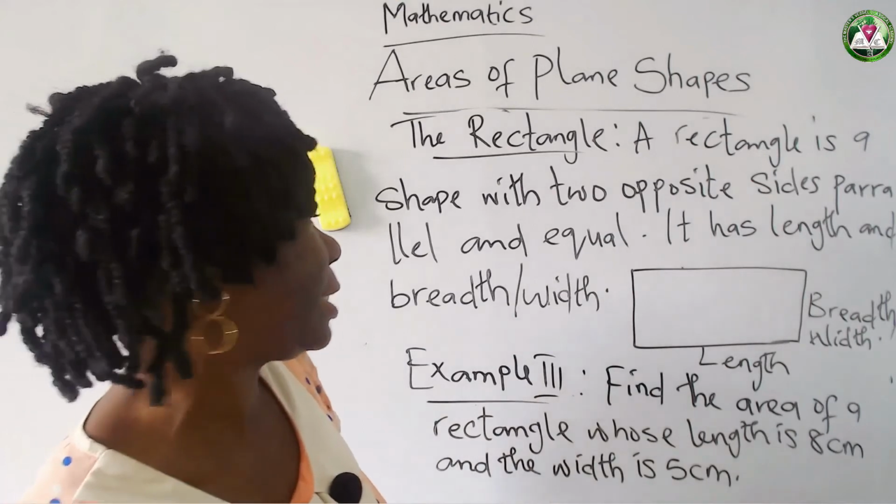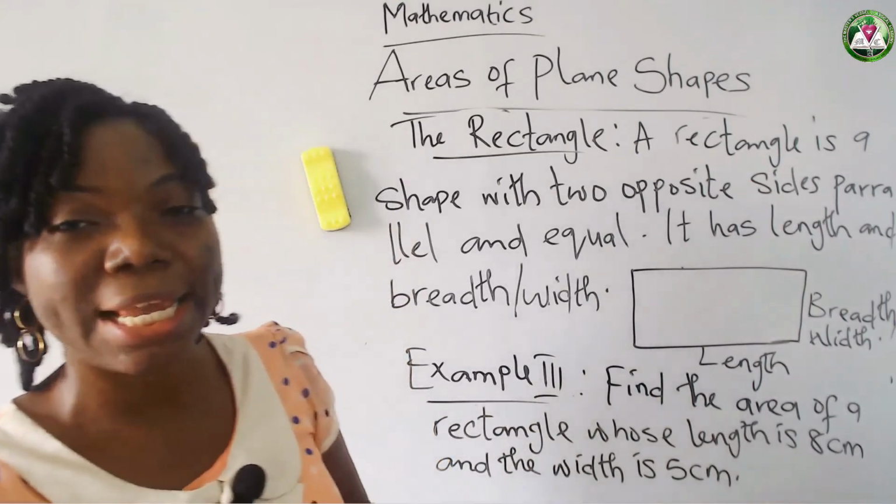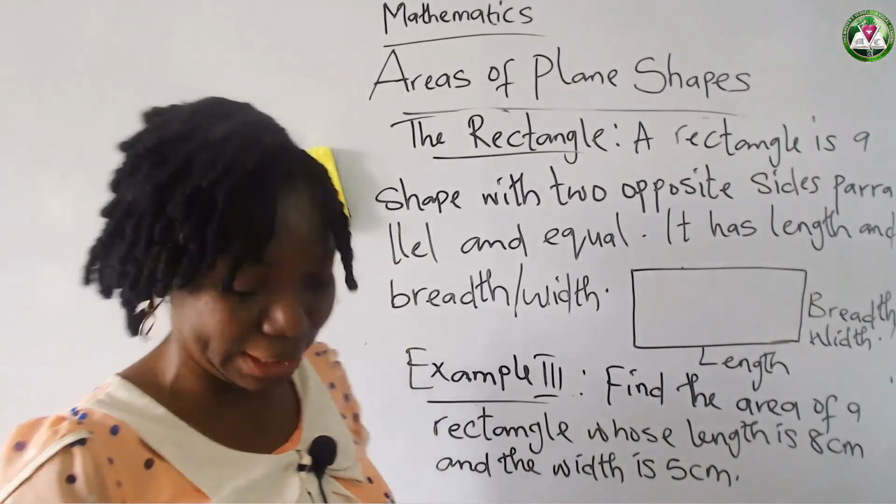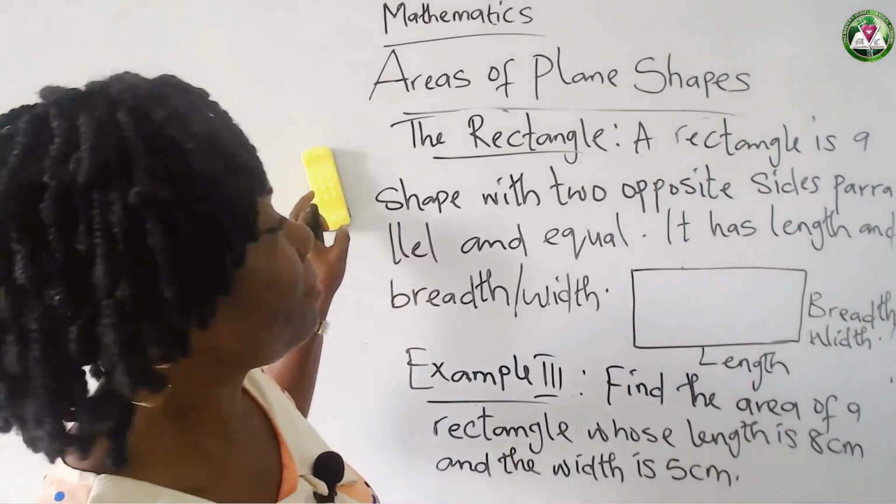Find the area of a rectangle whose length is 8 centimeters and the width is 5 centimeters.